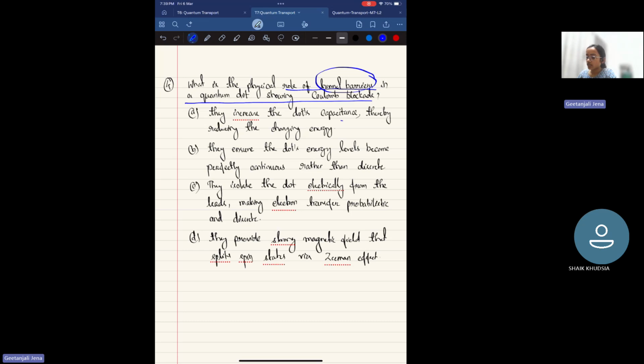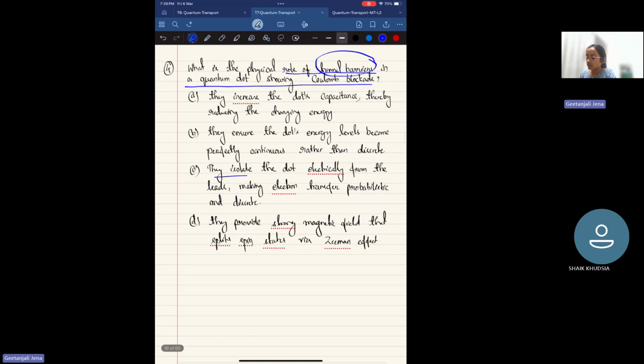Option A, they increase the dot's capacitance, thereby reducing the charging energy. Option B, they ensure the dot's energy levels become perfectly continuous rather than discrete. Option C, they isolate the dot electrically from the leads, making electron transport probabilistic and discrete. Option D, they provide a strong magnetic field that splits spin states via the Zeeman effect.